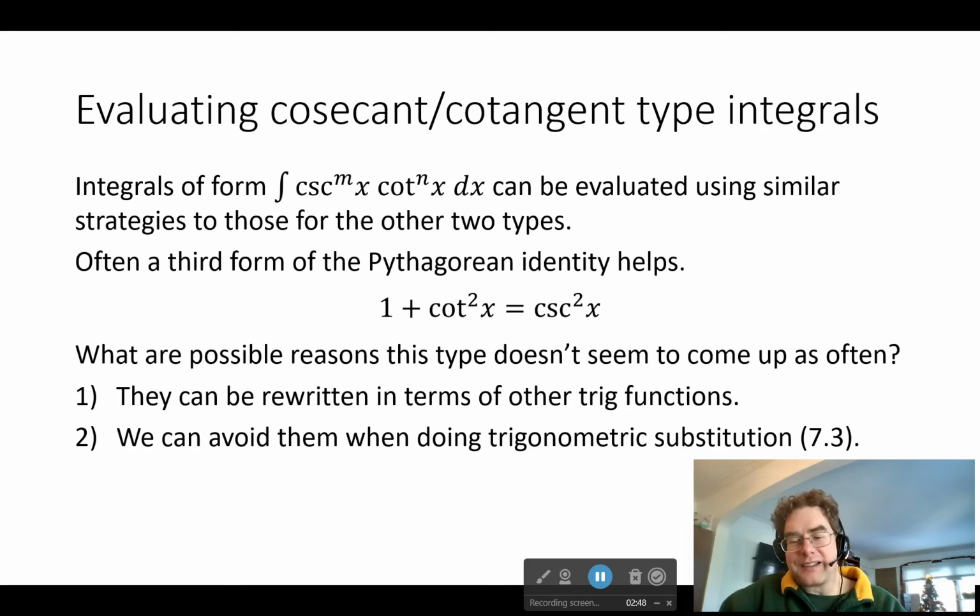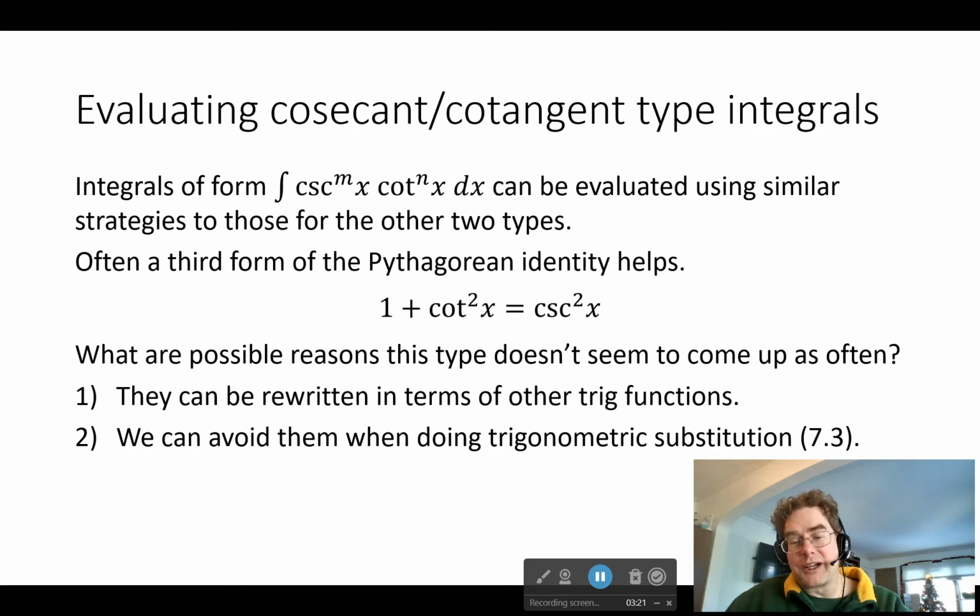Reason two here, I think, has to do with another method of integration called trigonometric substitution. Now, that method is an optional method for our course. It's in section 7.3. And because we have so much mandatory stuff that we are trying to cram into our course, anything optional, I figure, let's just push it aside, even though it would be fun to do. It'd be interesting and challenging, but we've got enough on our plate as it is.